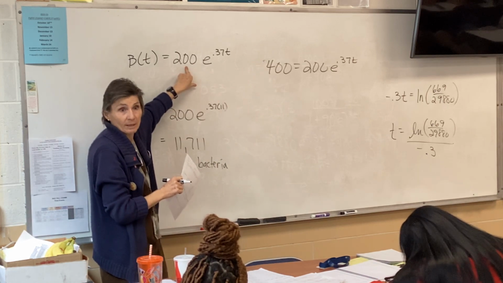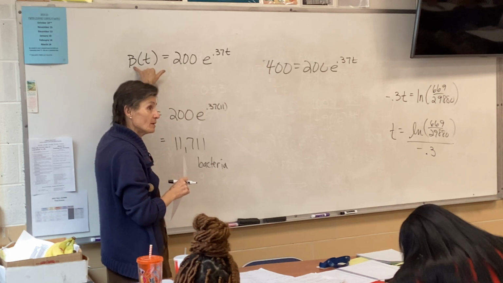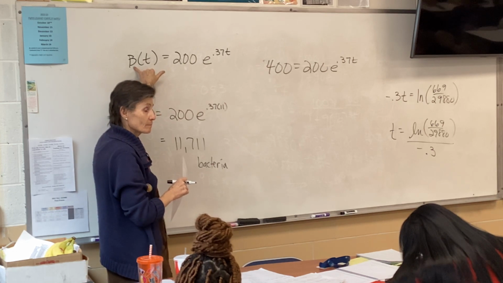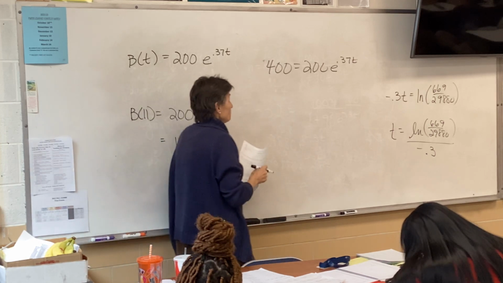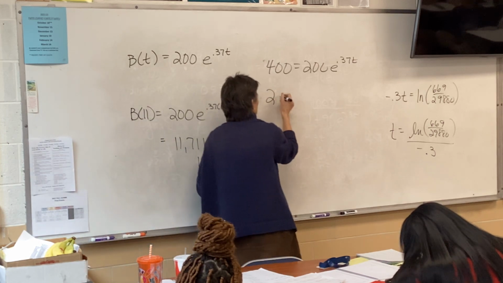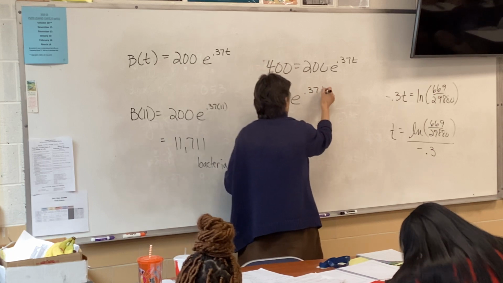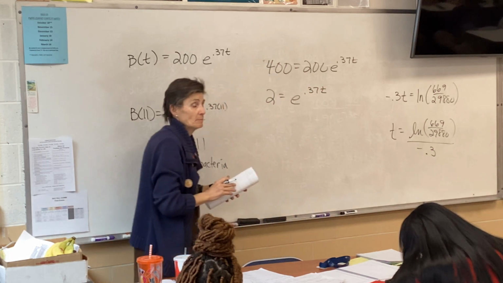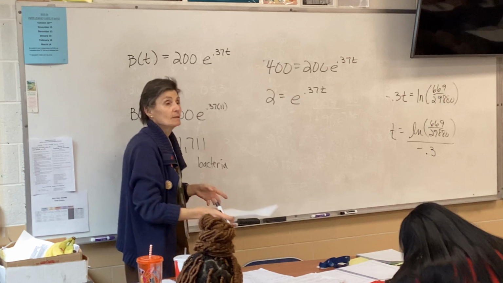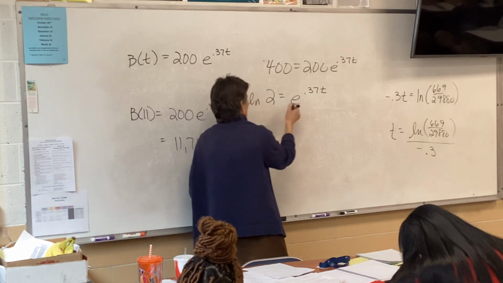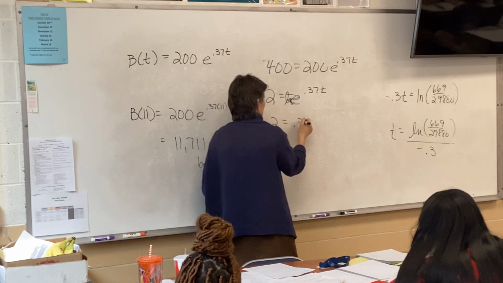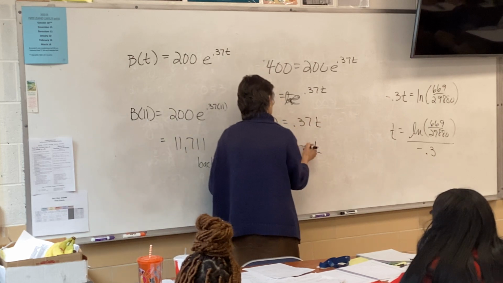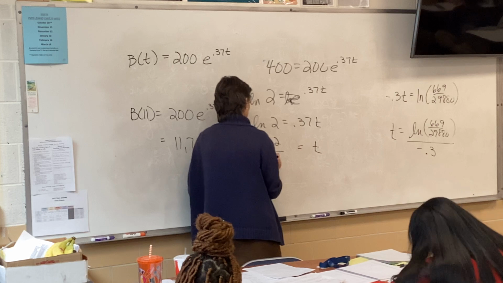And if we're going to double it, that means we're going to end up with 400. So what's step one here? So 2 equals e to the 0.37t. Take the natural logarithm of both sides. So ln2 equals 0.37t. ln2 over 0.37.